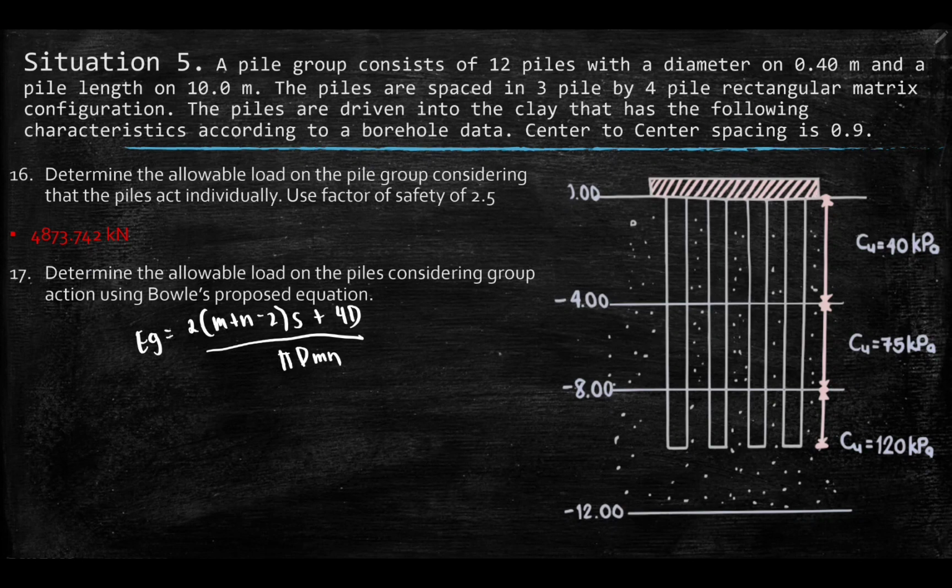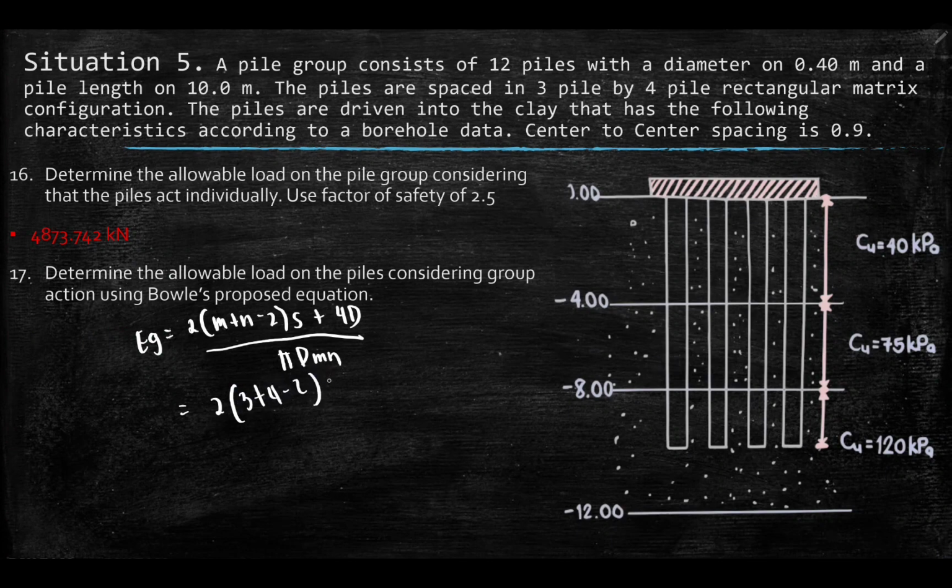So, given naman natin siguro yan, we have 2 times the number of rows and number of columns. Hindi naman nakasiguro kan magkakamali dyan. Either 3 or 4. Pag baliktad, yun pa rin naman yan. So, 3 plus 4 minus 2. O kahit magbaliktad dyan, ayos lang.